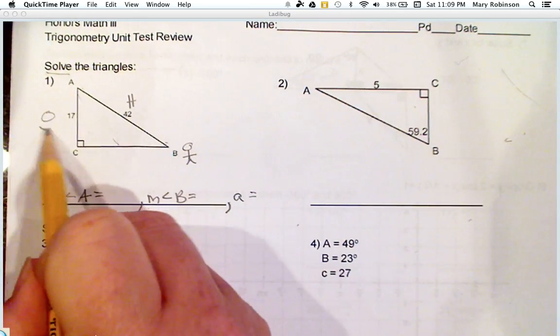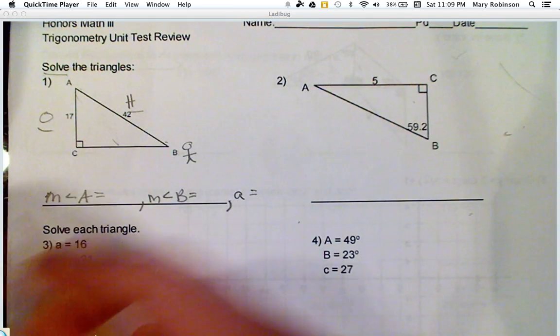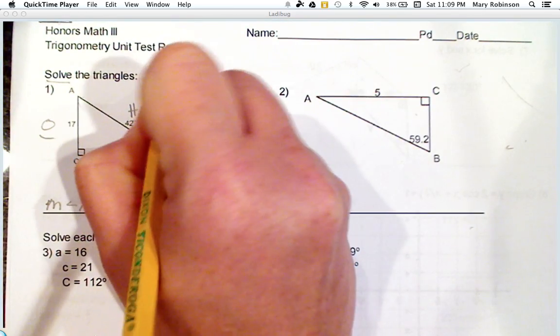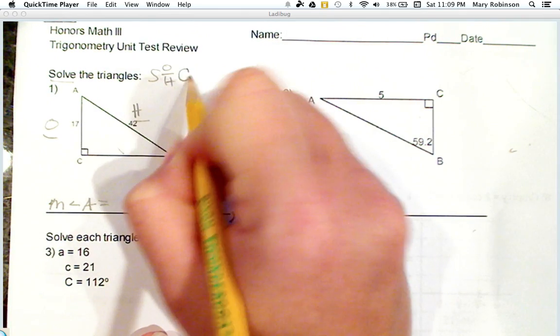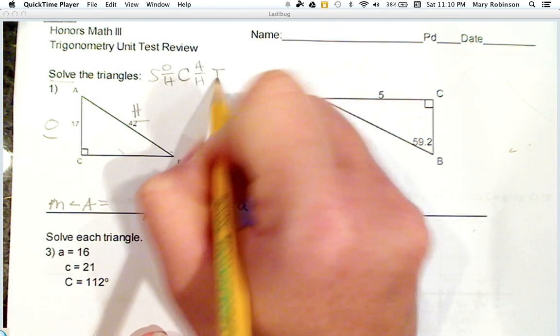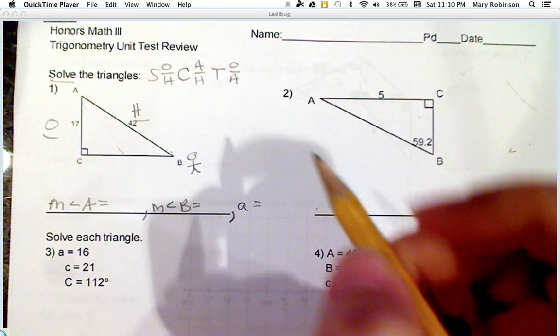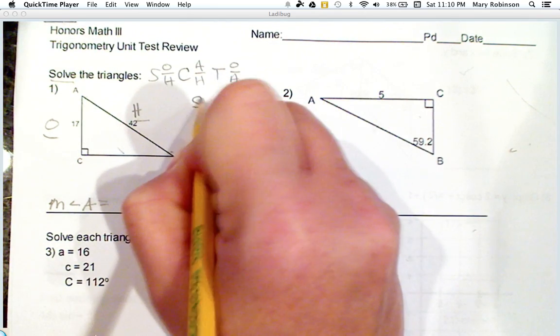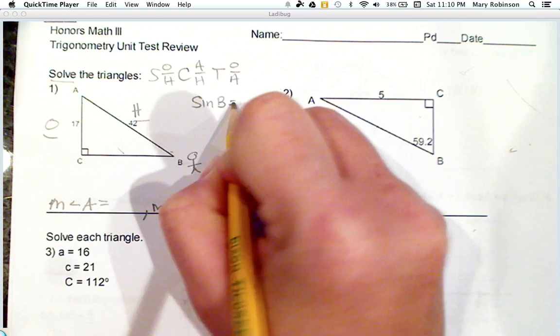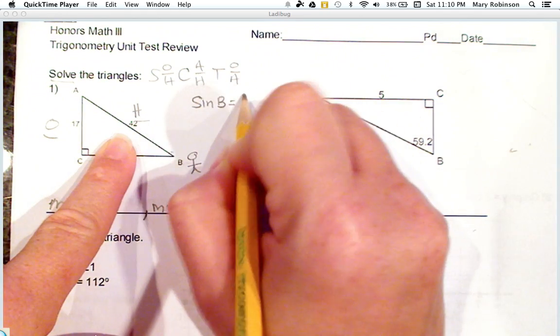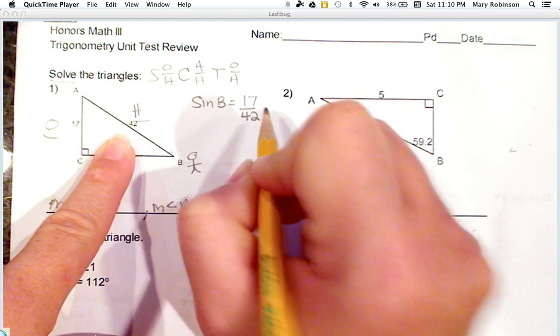Because I labeled O and H, I'm going to use the sine ratio. Remember, sine is opposite over hypotenuse, cosine is adjacent over hypotenuse, and tangent is opposite over adjacent. So the sine of angle B is equal to 17 over 42.